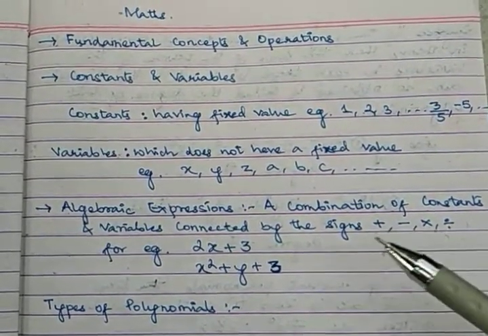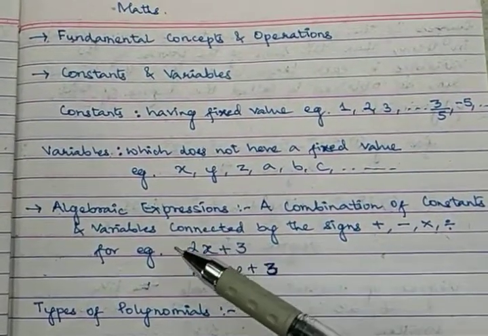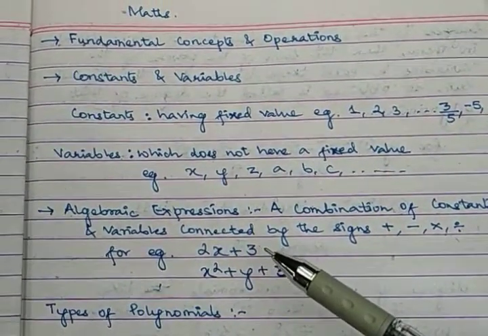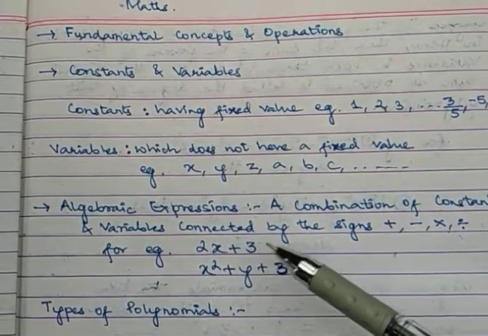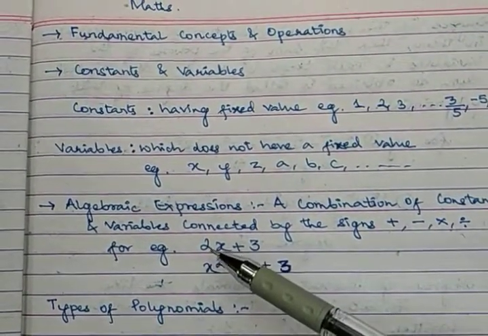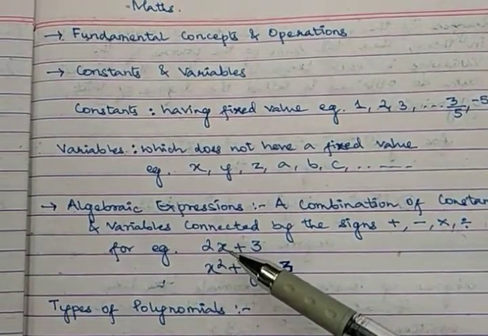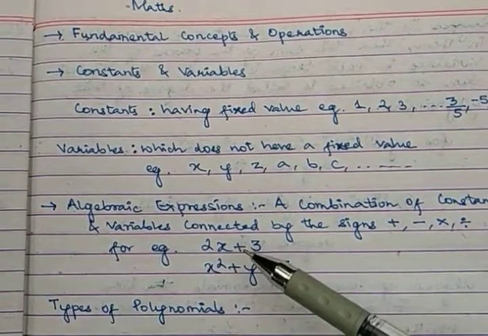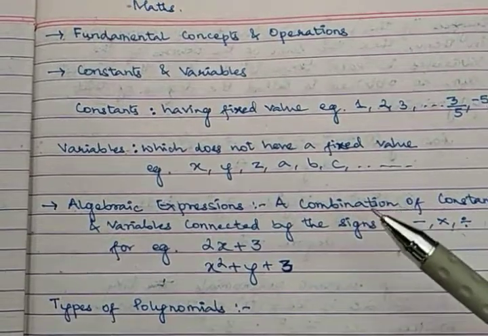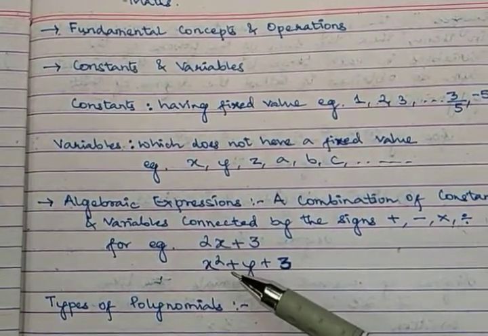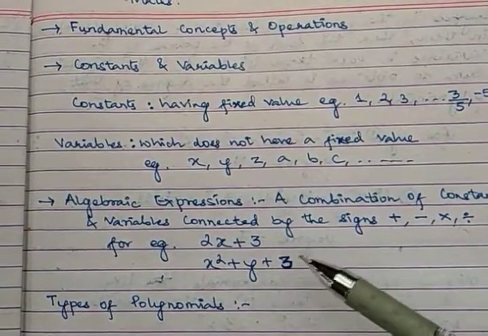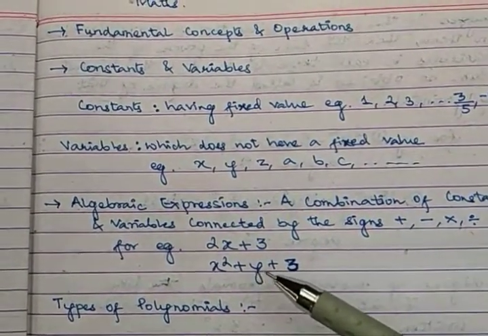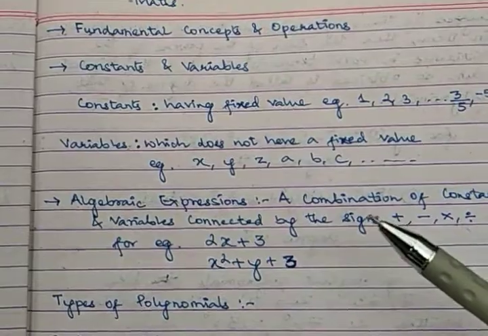For example, you might have seen this kind of algebraic expression in your previous exercises: 2x plus 3. We have the constant terms 2 and 3, and the variable x, connected together with a plus sign. So it's a simple algebraic expression. Similarly, x square plus y plus 3. We have variables and a constant term connected together with a positive sign, so it's a simple algebraic expression.